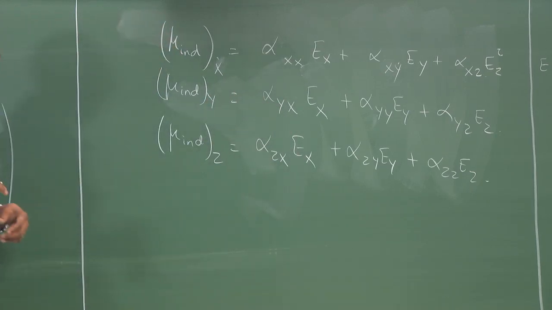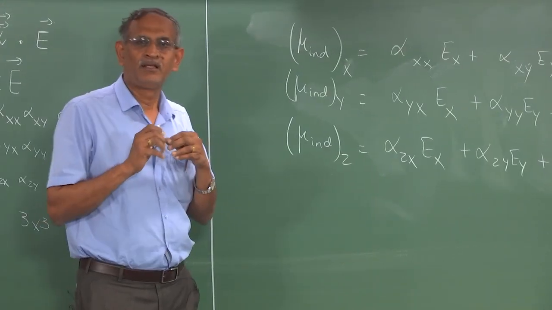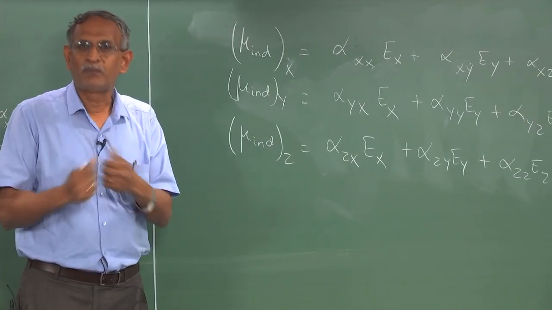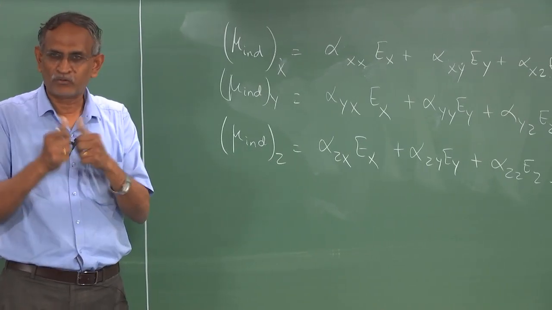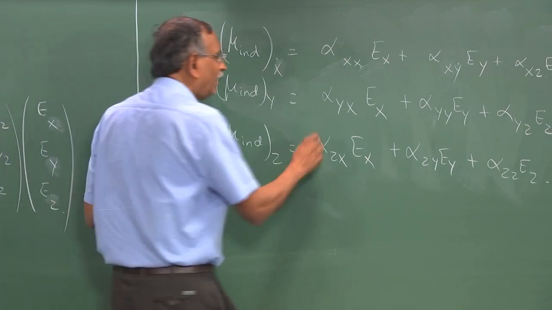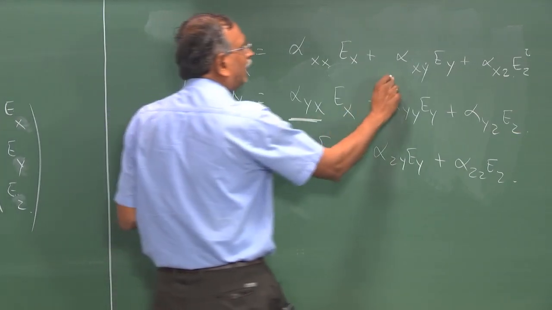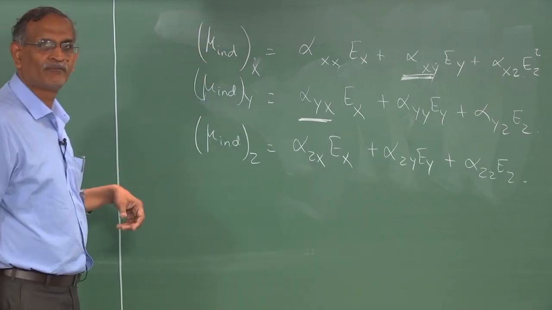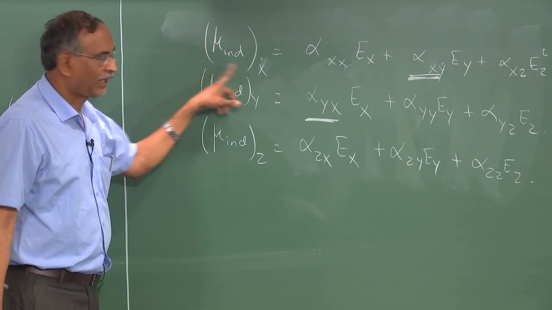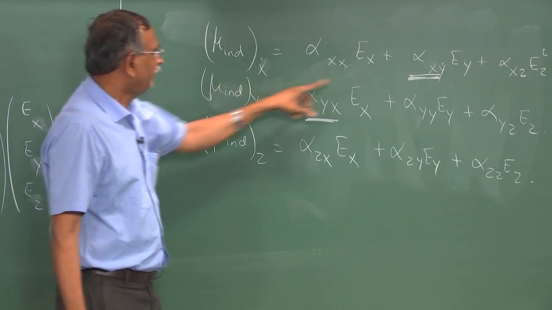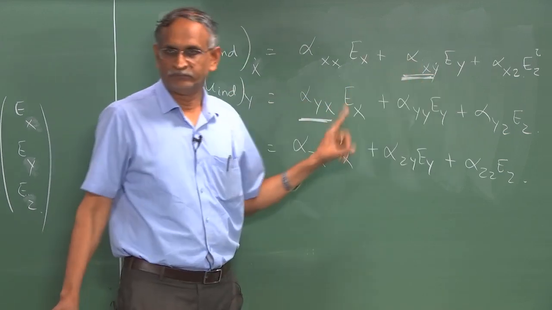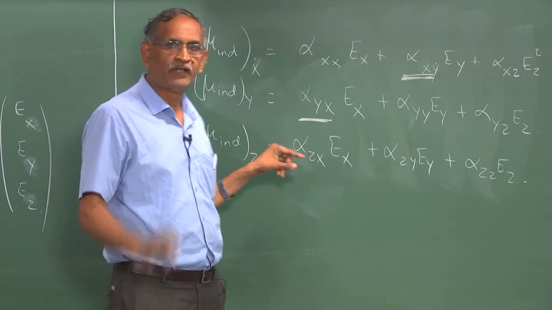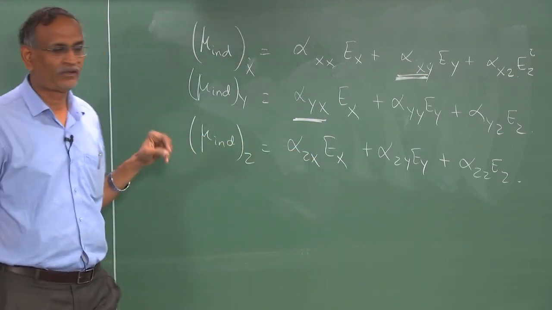Now, one interesting thing is the fundamental property of the microscopic system appears to tell us that the xy and yx, see the connection between them. They are equal. First of all, that's the result that comes from the microscopic considerations.